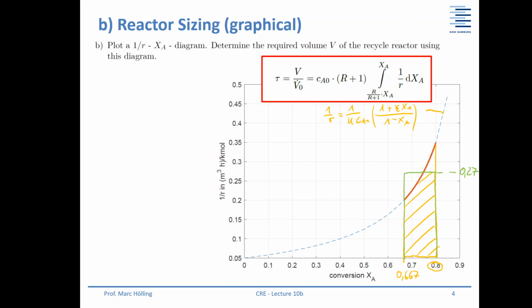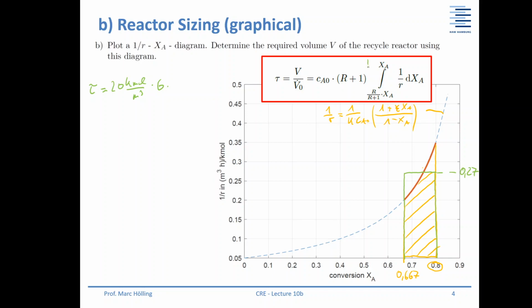Okay, and now our tau. We are just using the formula. Tau is equal to our starting concentration, 20 kilomoles per cubic meter, times r plus 1, which is 5 plus 1, so 6, and then we need to have the integral here.